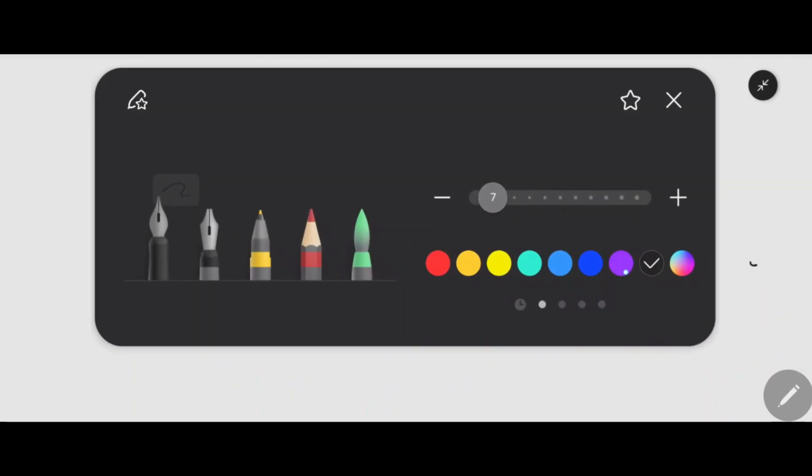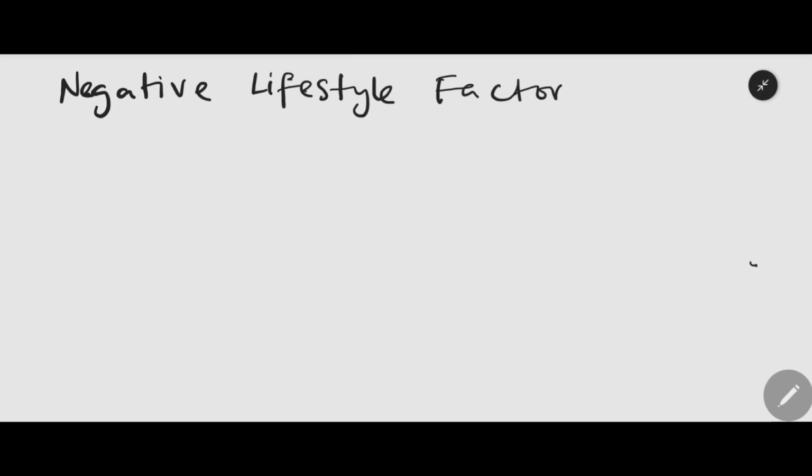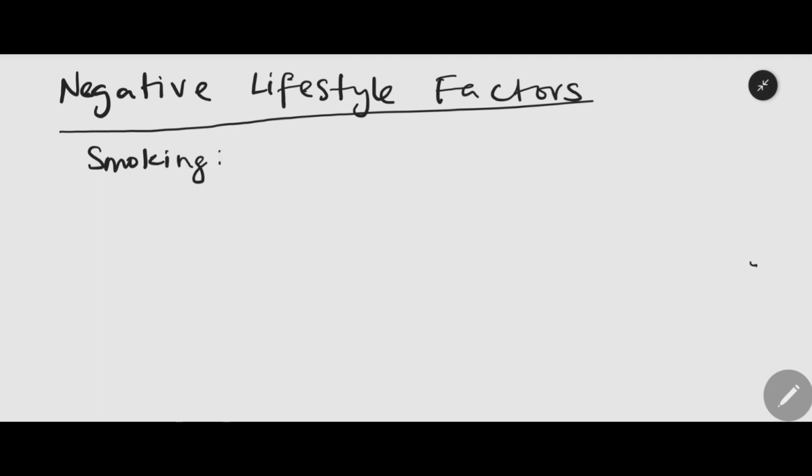Now that we've looked at some positive lifestyle factors like balanced diet, hydration, different types of activity, let's look at the not so good lifestyle factors. So some negative lifestyle factors that you need to know about. Number one, smoking. Why is this negative?